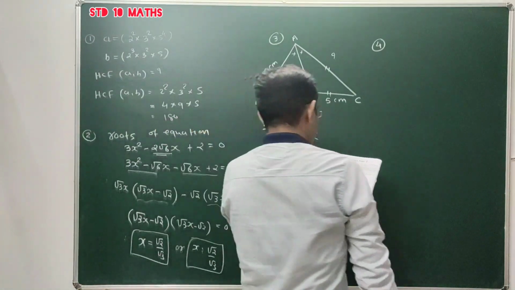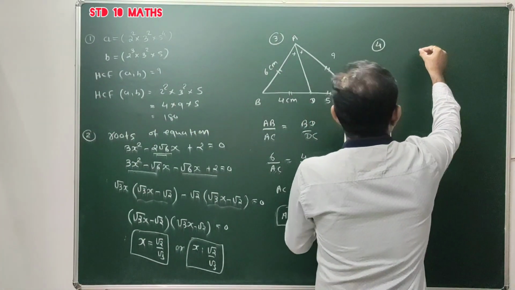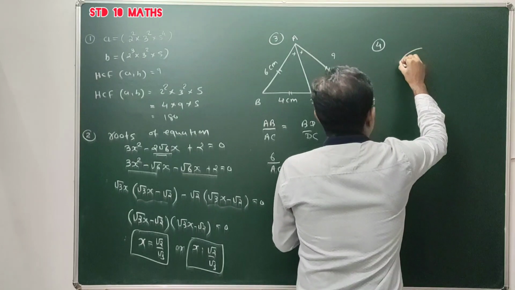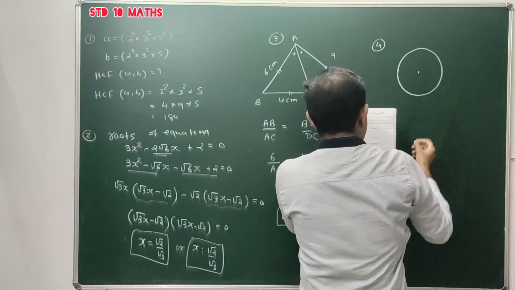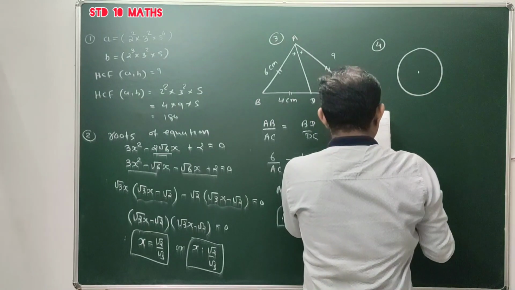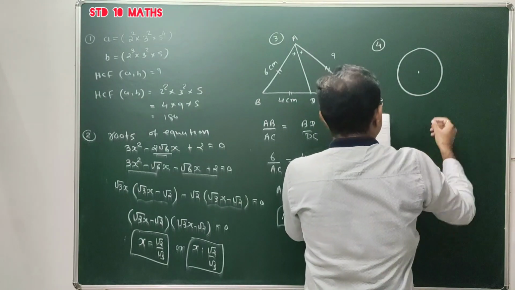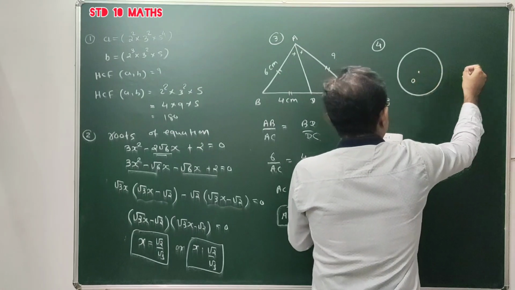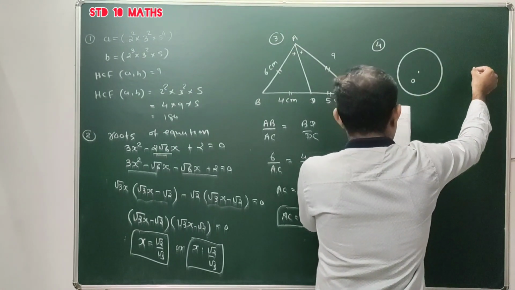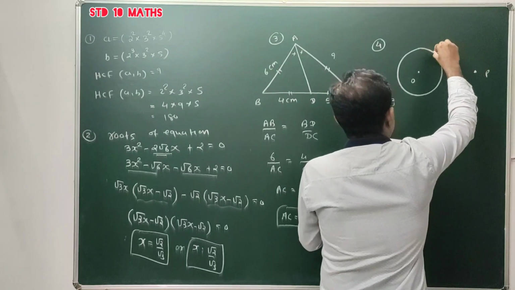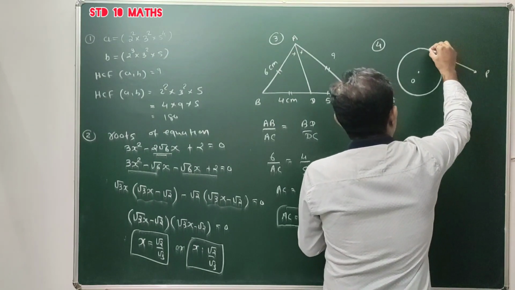Here one figure is given, one circle with center O. Consider this is one circle with center O. PT is the tangent to the circle with center O. This is the circle with center O, and this is one point P in the exterior of the circle, and PT is the tangent drawn from the exterior point to the circle.